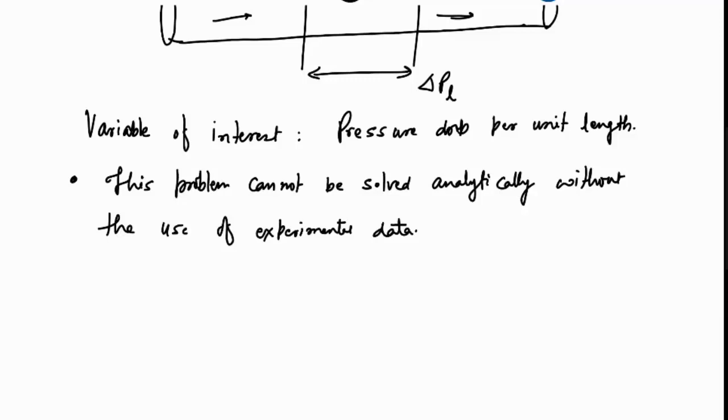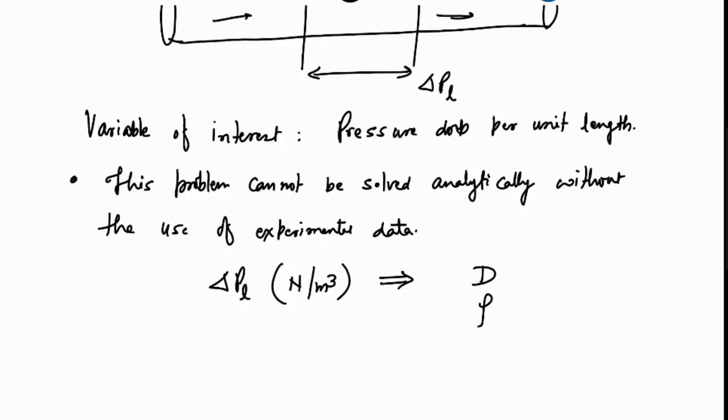So how do we solve this? We first try to figure out what are the variables on which this pressure will depend. So this pressure loss, delta PL, and the unit for this will be Newton per meter cube. What variables will this depend on? It will depend upon the diameter of the pipe, D. It will depend upon the density of the liquid.